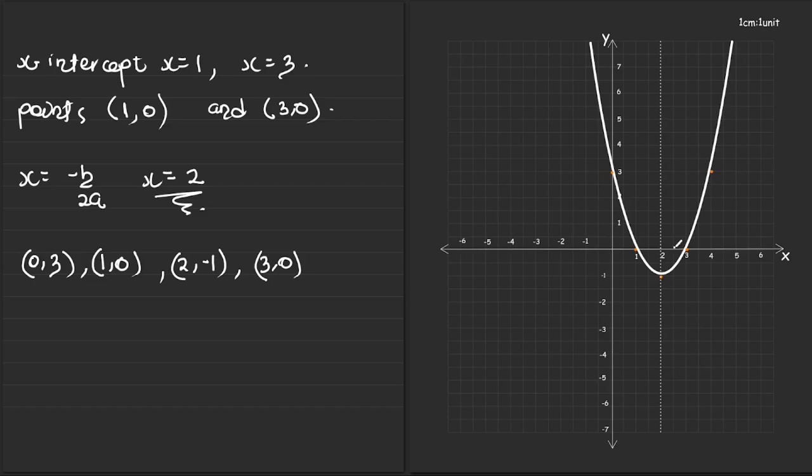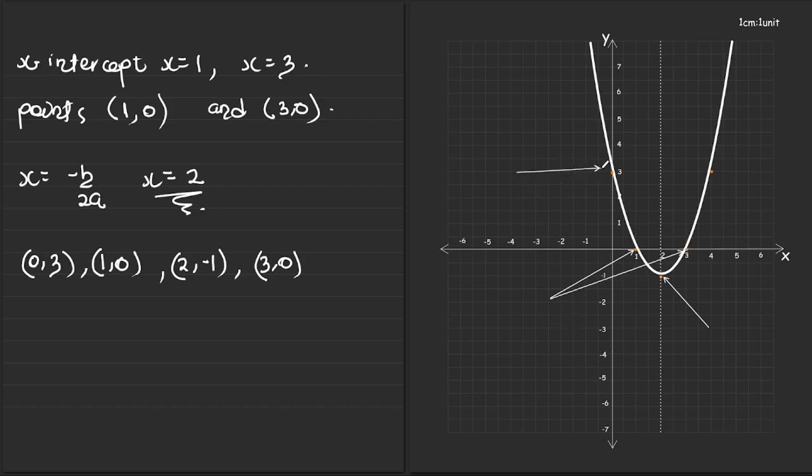And with that, we can point out that our minimum value is this we have over here. And then our x-intercepts: this point here and this point here are our x-intercepts.